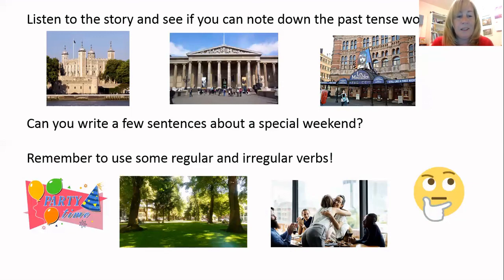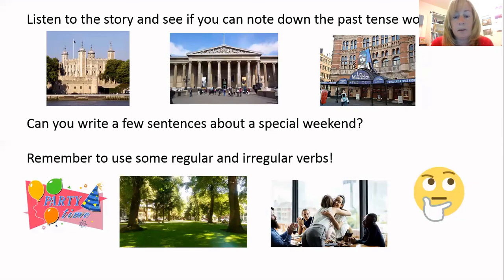Yeah, well done. So the last thing I'd like you to do is just to write a few sentences about a special weekend that you've had. So try and use some regular, irregular verbs. So maybe you had a party one weekend, or you went to a party, or maybe you had a nice walk somewhere, or you went to a different place.